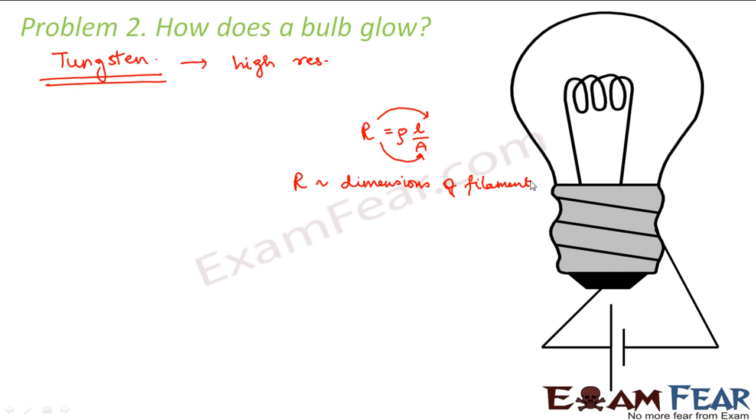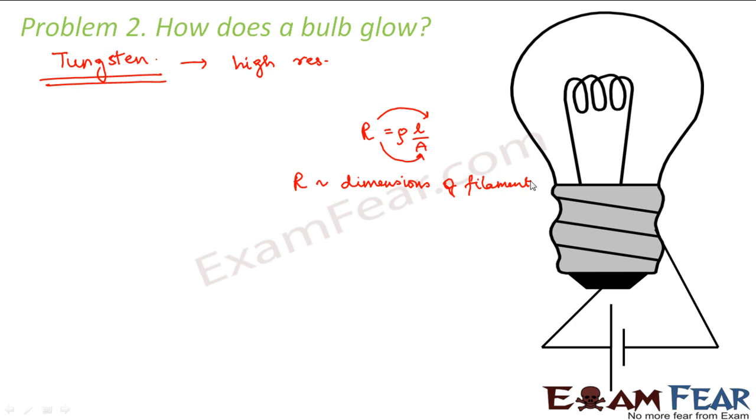So the prime factor here is the thickness of the tungsten filament, because depending on the thickness, the tungsten provides an appropriate amount of resistance to the flow of current. Because of that, an appropriate amount of heat gets dissipated in the form of visible light.